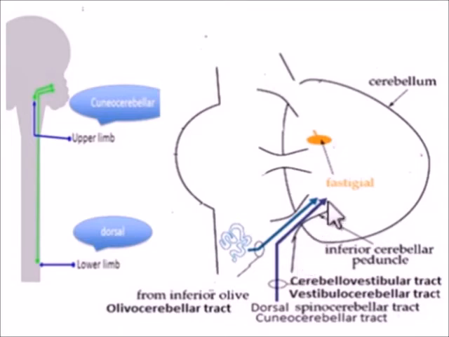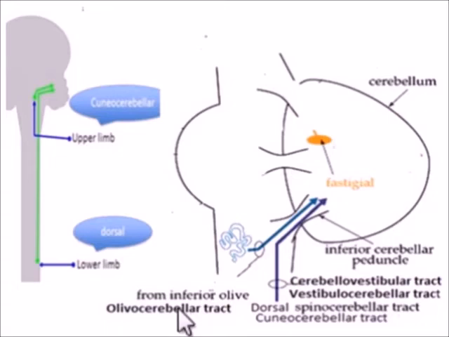In return, the tract that comes from the vestibulocerebellum to the vestibular nuclei is called the cerebellovestibular tract, and this comes out through the inferior cerebellar peduncle. So there is a to and fro tract between the vestibulocerebellum and vestibular nuclei through the inferior cerebellar peduncle.